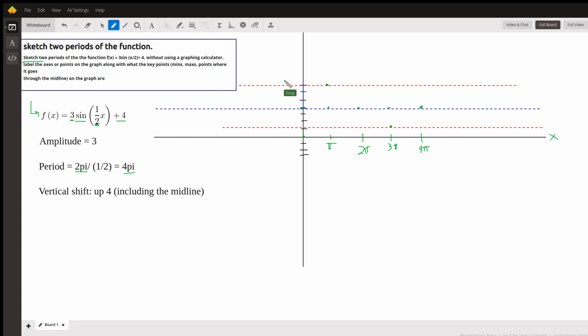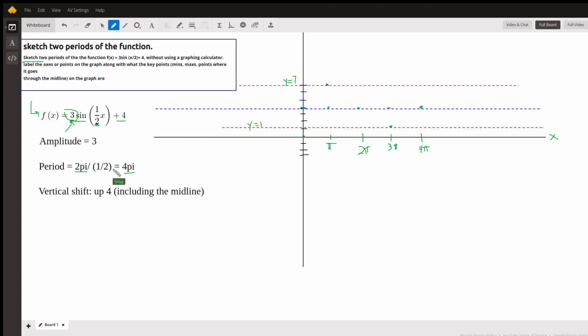So here we are at y = 7, which is the maximum value that the function can reach. And here we are at y = 1, 3 units below the midline. Again, why 3? Because that's the amplitude. That number is how high above and below the midline the function travels.